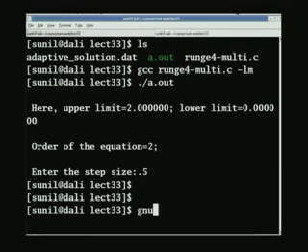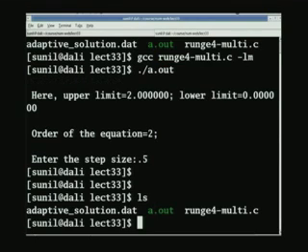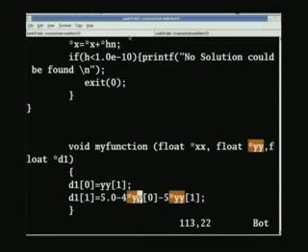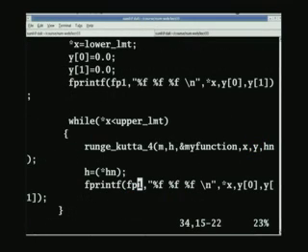Now we'll plot that function. The data file we get is adaptive solution.dat. So we'll plot that. We have now the solution set, and I should show you how it's written. In the main program, I write the solution as the x value, the y value and its derivative.